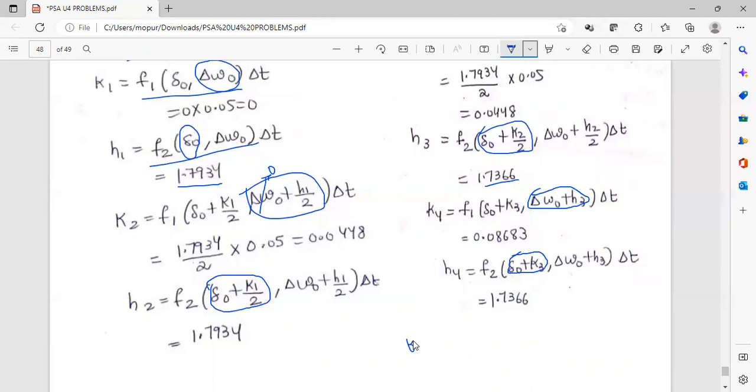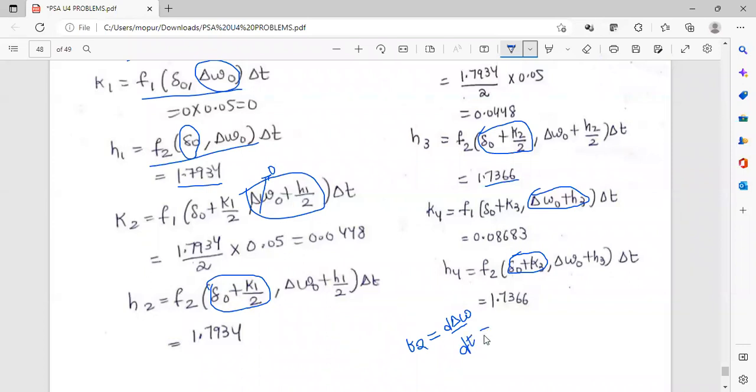This F2 is actually, what is this F2? F2 is d del omega by dt. What is this d del omega by dt?